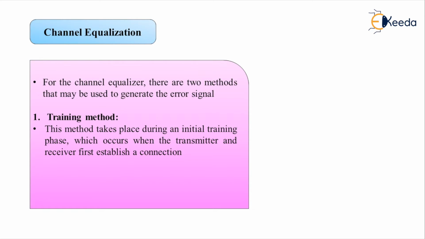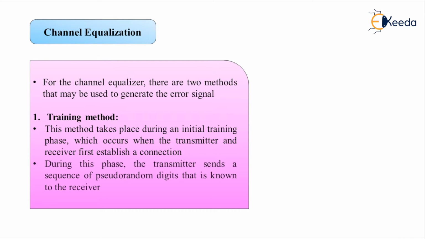During this phase the transmitter will send a sequence of pseudo random digits that is known to the receiver. So it is just like a password, and with the knowledge of d of n, the desired signal, the error sequence is easily determined and the tap weights of the equalizer may be initialized.